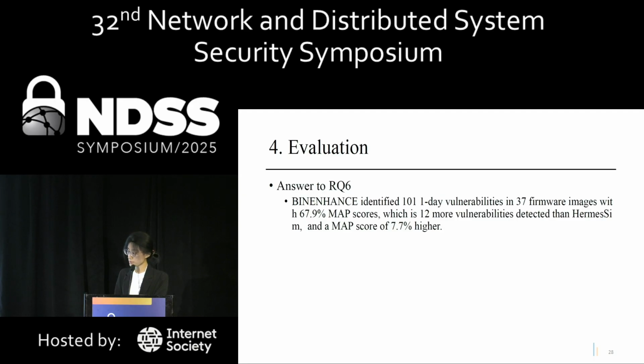So the answer to the sixth question is BinEnhance identified 101 one-day vulnerabilities in 37 firmware images with 67.9% MAP scores, which is 12 more vulnerabilities detected than HermesSim and a MAP score of 7.7% higher.